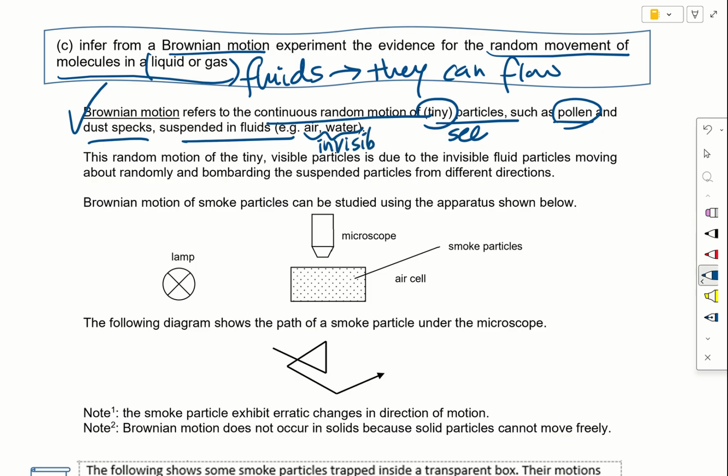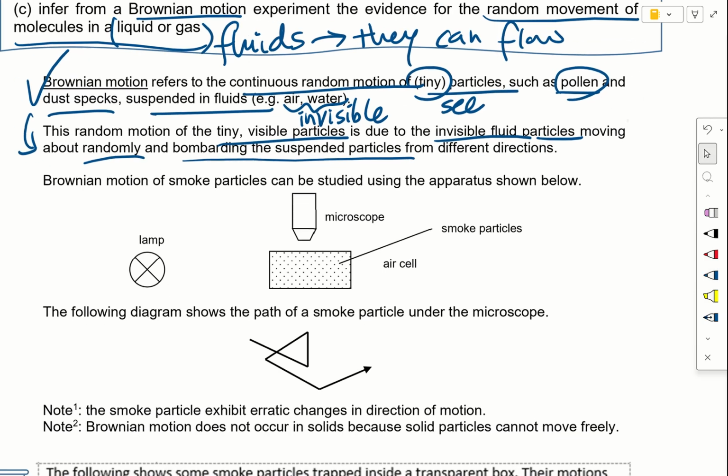But it shows us that particles are in continuous random motion. So this explains that the random motion of tiny visible particles is due to the invisible fluid particles moving about randomly and bombarding the suspended particles from different directions.